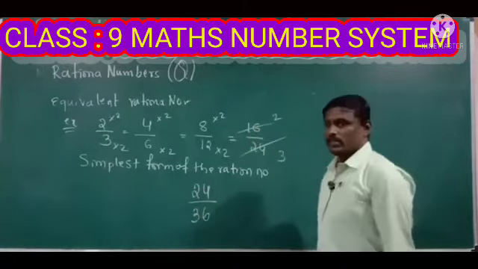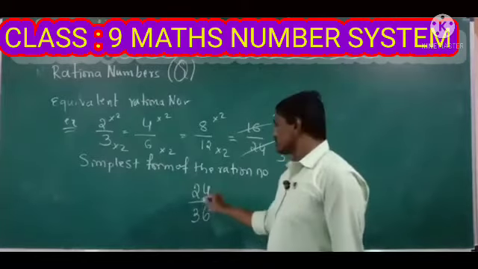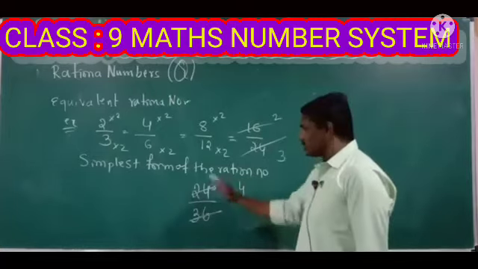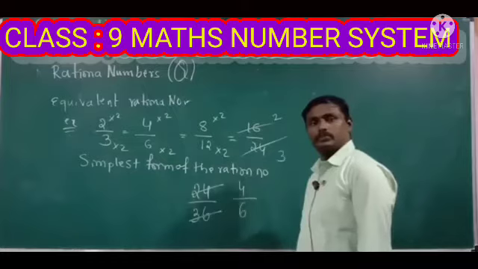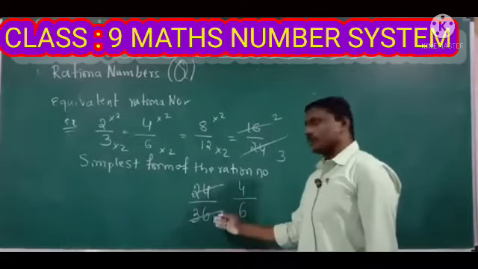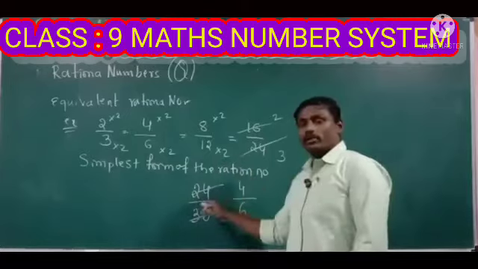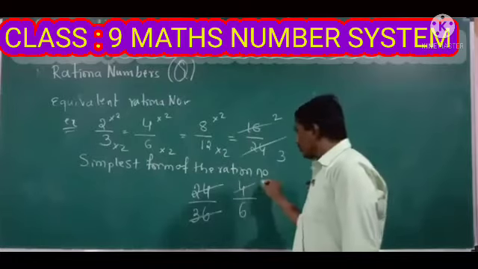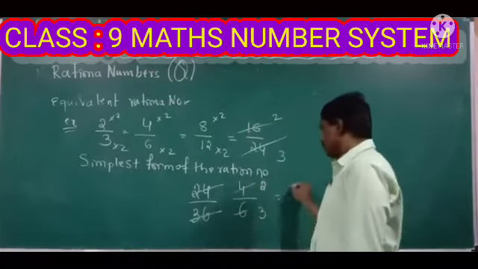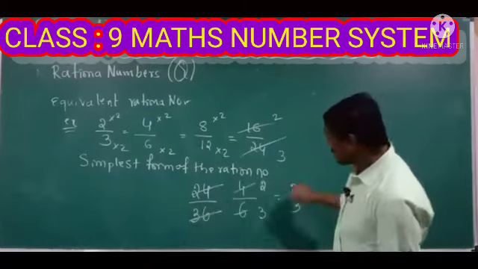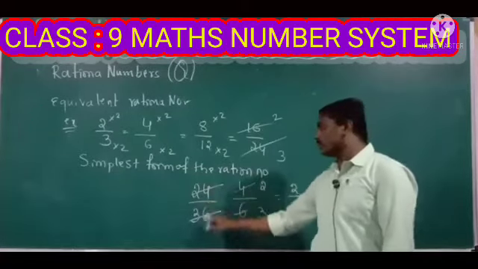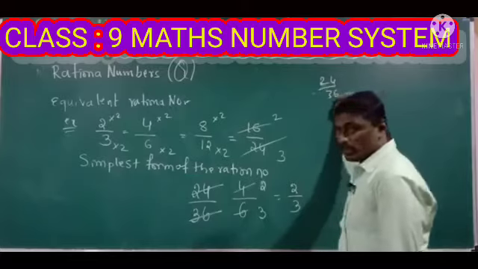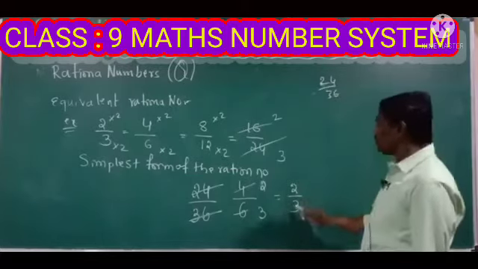These two are multiples of 6. 6 fours are 24, 6 sixes are 36. You can also divide by 12, or by 4. 2 twos are, 2 threes are. So 2 by 3 is the simplest form of the given rational number 24 by 36.